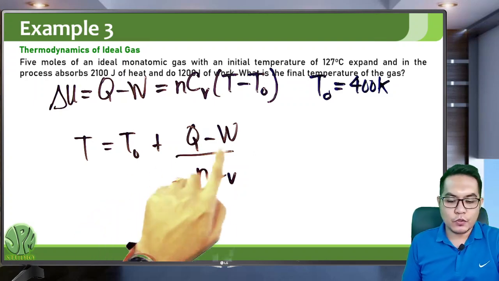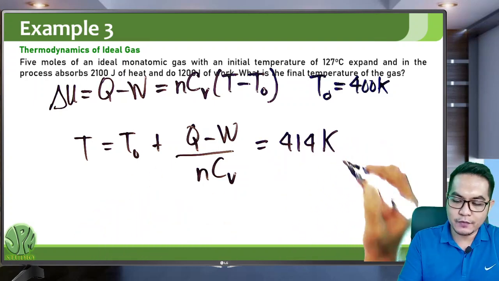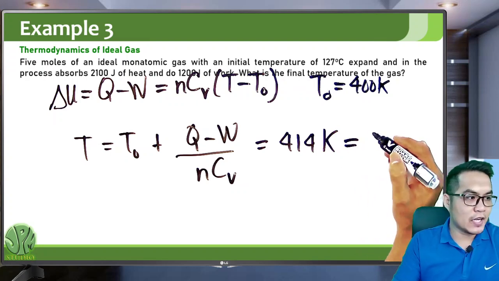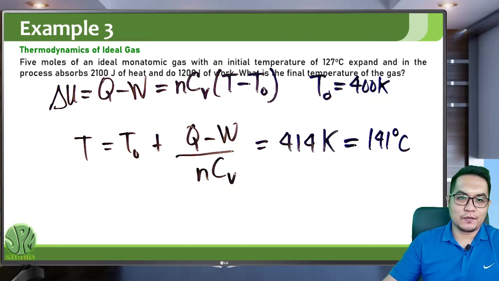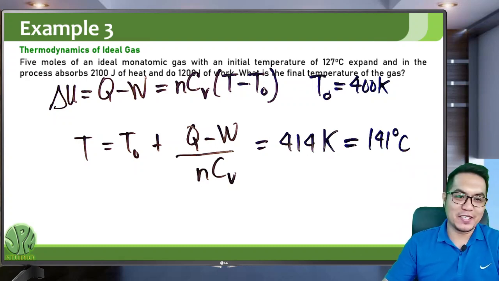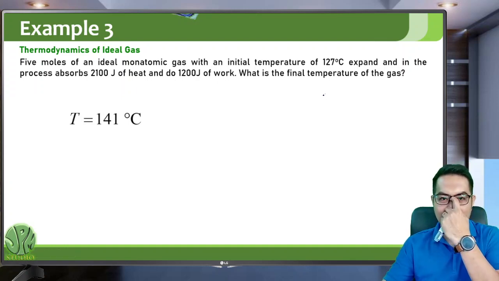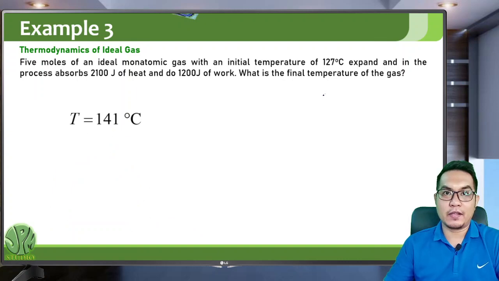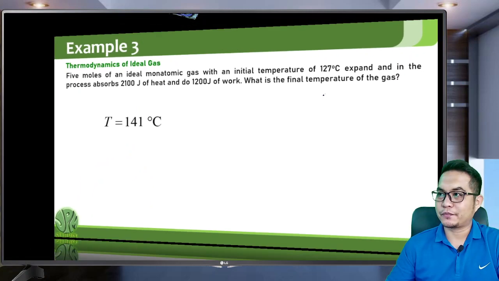You substitute all of the values and you will get a value of 414 Kelvin. And you convert that to degrees Celsius, you will get 141 degrees Celsius. Easy peasy. So in this case, the final temperature of the gas is 141 degrees Celsius. Again, if Kelvin is the required unit, then you answer 414 Kelvin.